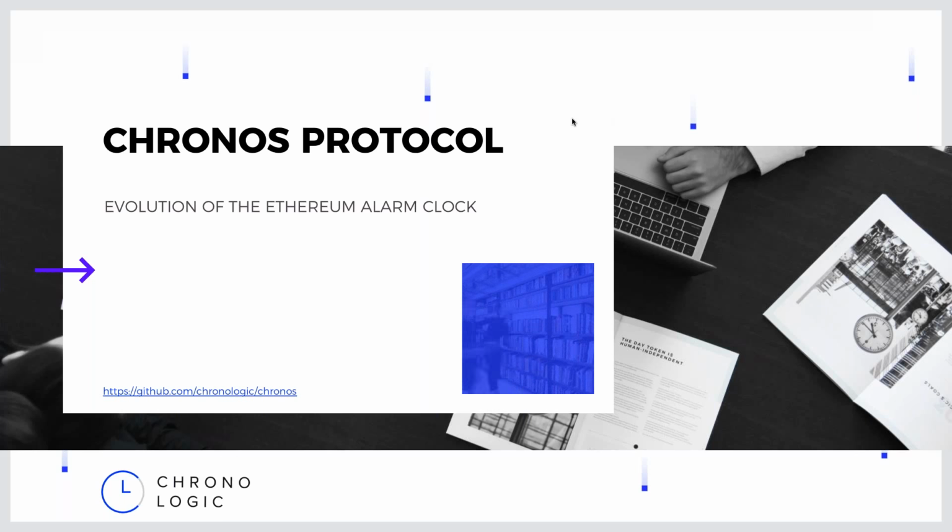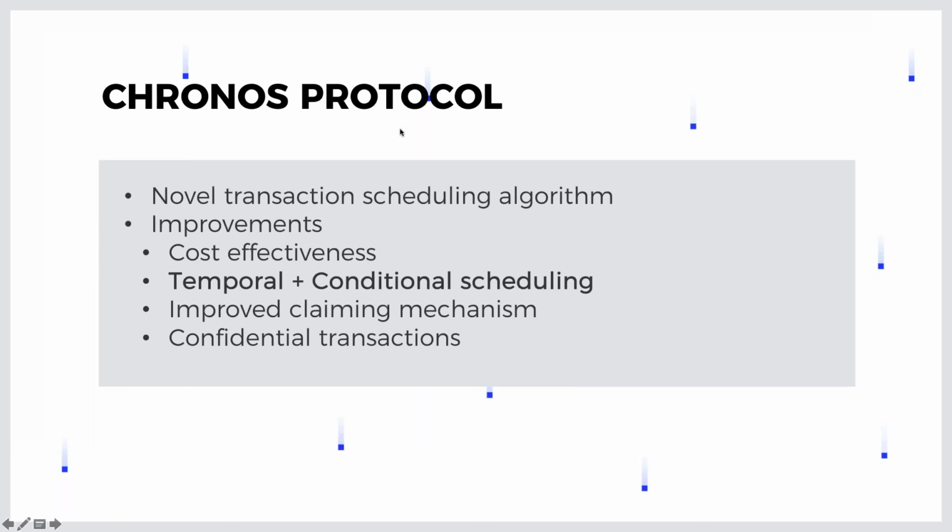So we are super excited about that. Everyone is talking all the time about Chronos within the team. So let me again repeat what Chronos is. As I said, a novel transaction scheduling algorithm.